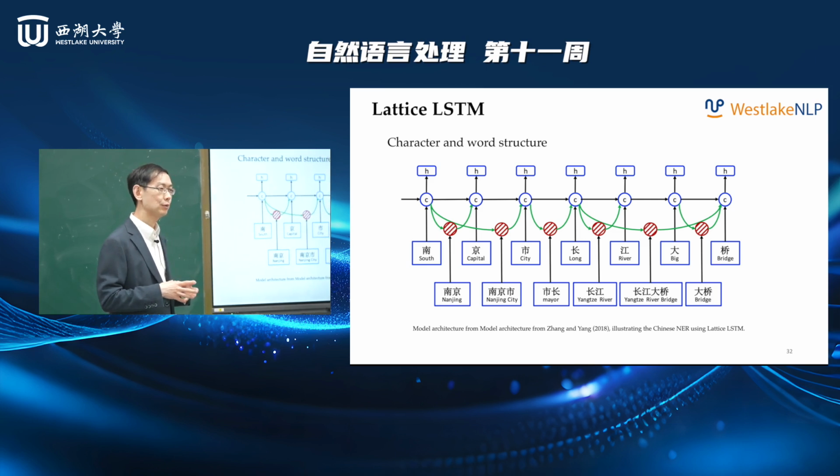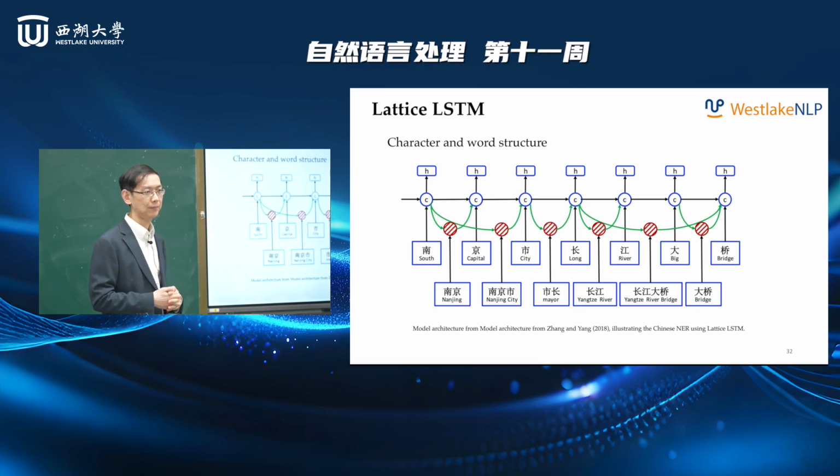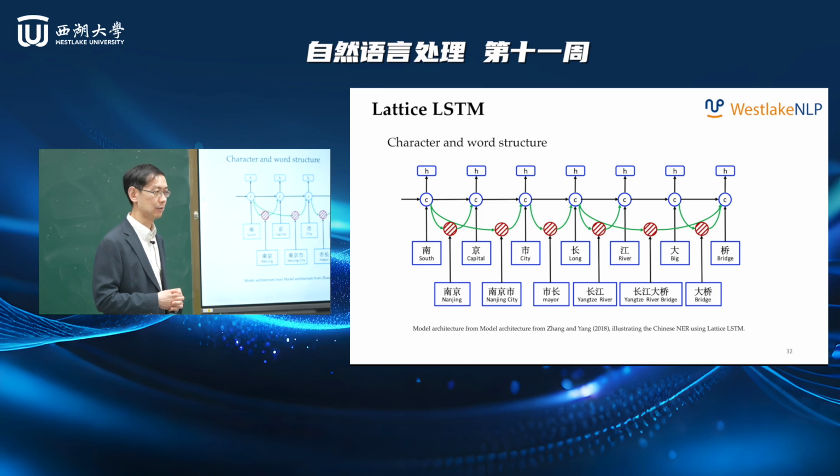We have to first do Chinese word segmentation to chunk the sequence into a word sequence. I didn't have time to tell you chapter 9 in the first edition, which discusses semi-CRF and segmentation algorithms. If you're interested, you can read them, okay?